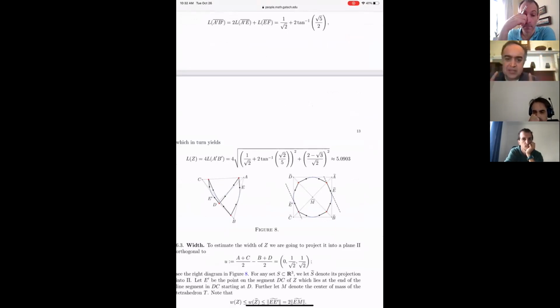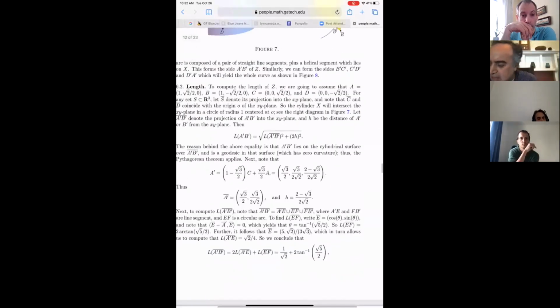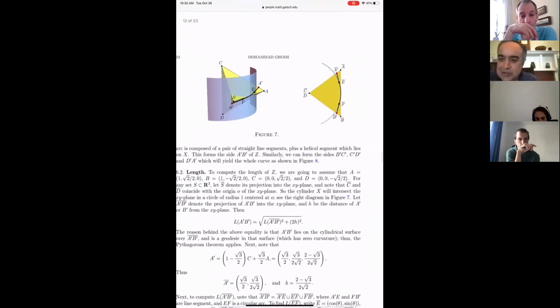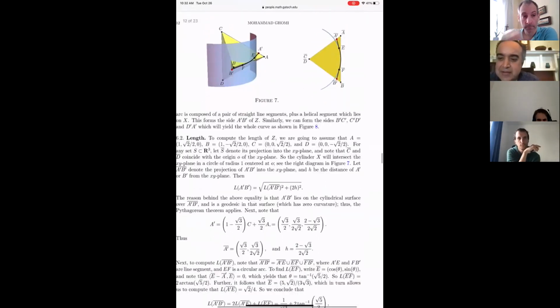Each of these segments is tangent to a side of this tetrahedron, and these curves were composed of segments. Each of these segments has two straight lines at the beginning and end, and in the middle has a helical side which goes on a cylinder.